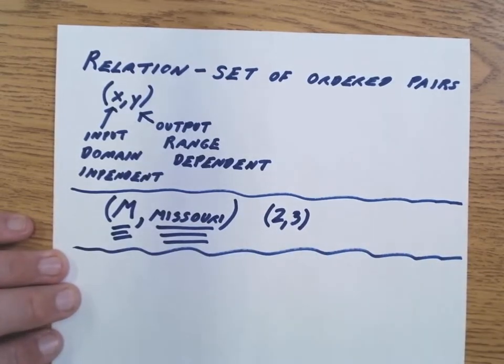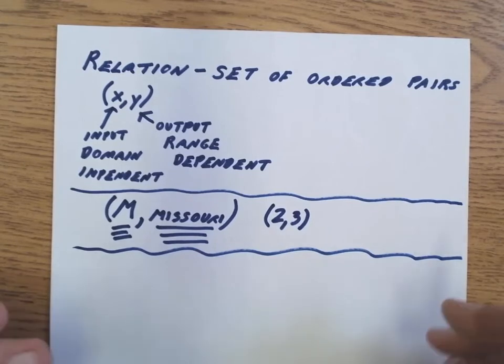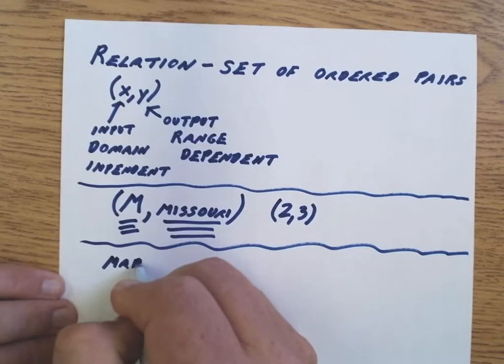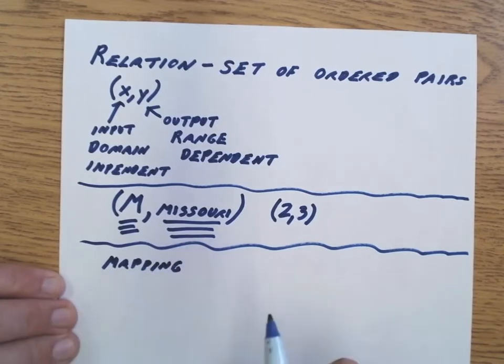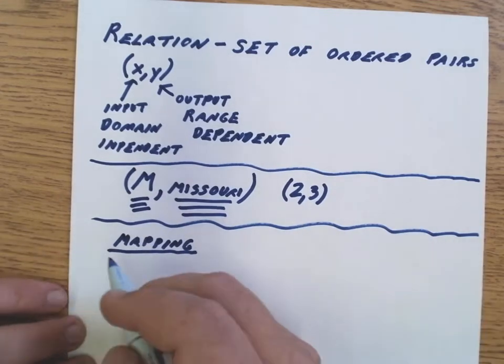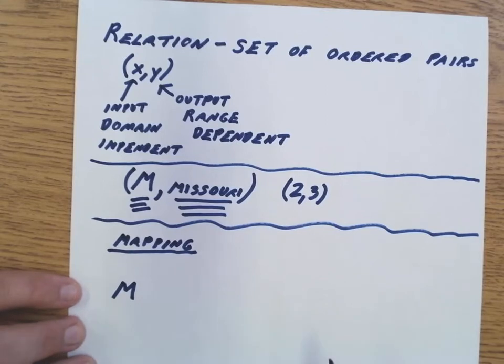Now, there's a specific kind of relation that we want to talk about here in just a moment. But sometimes you'll see what's known as a mapping. It's another M word, but it's not a state. So let's create a mapping. It's a diagram that shows your inputs and your outputs.